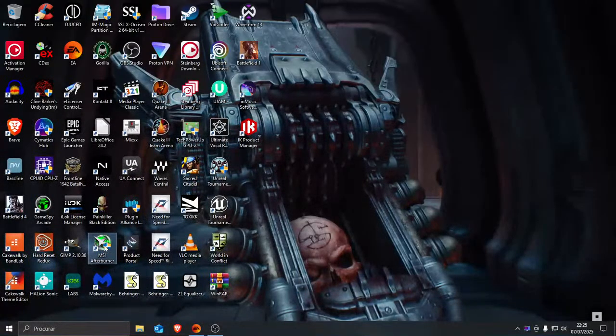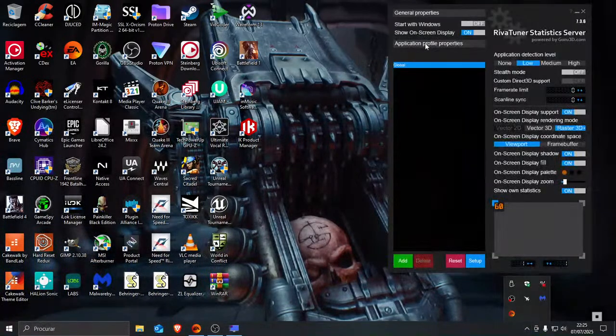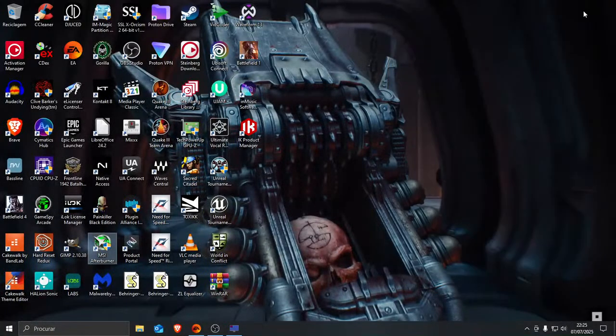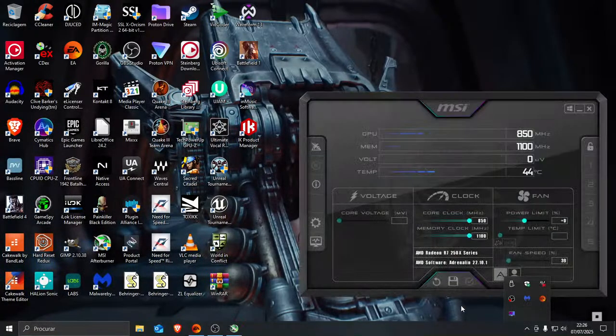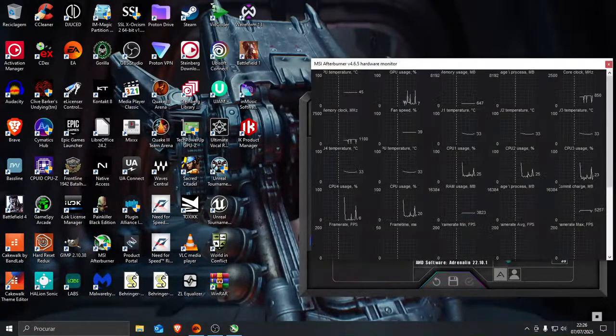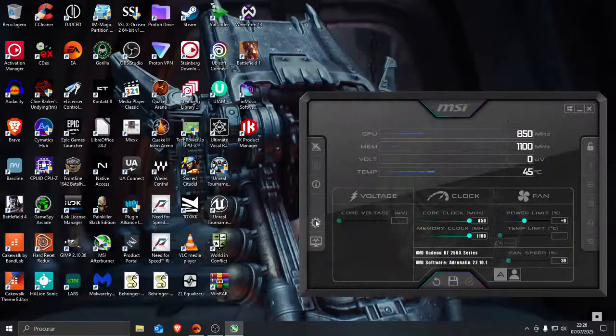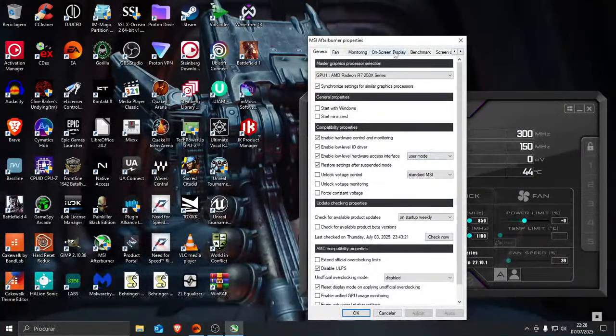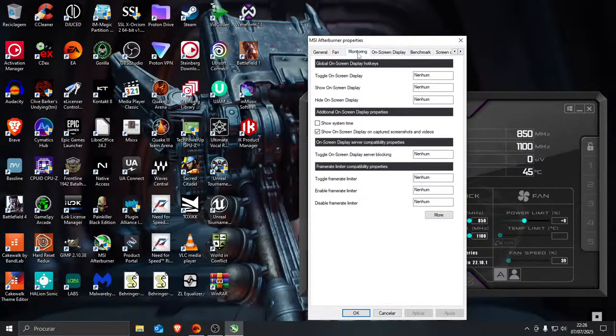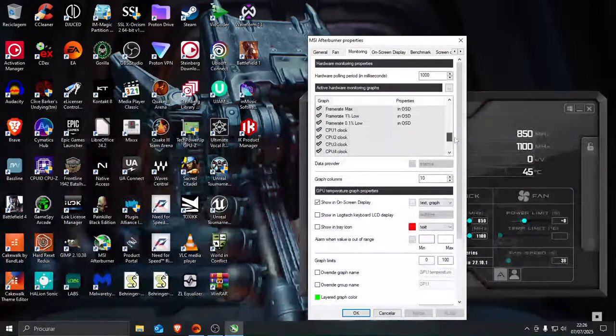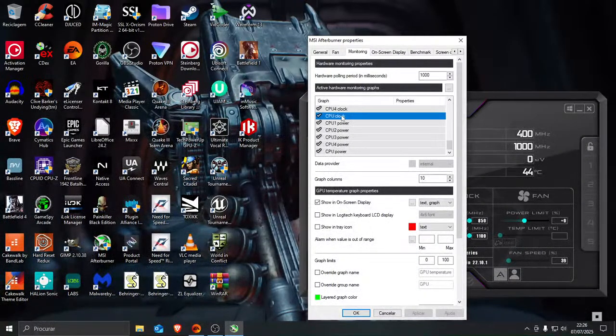Oh yeah, by the way, we can still do that. I've now also found out how to do that. No, I need to go to configurations, on-screen display, monitoring, and then I wanted to see GPU clock, CPU clock.